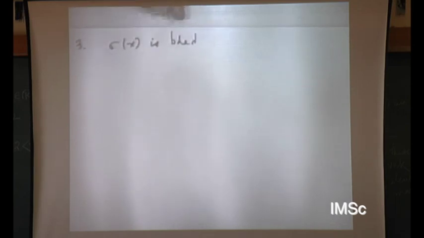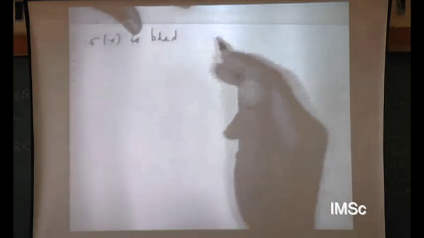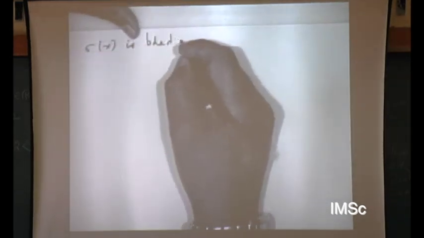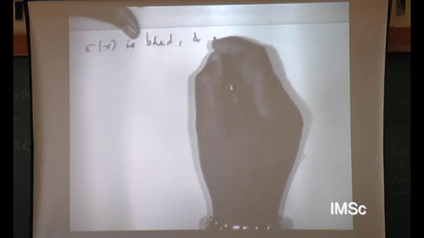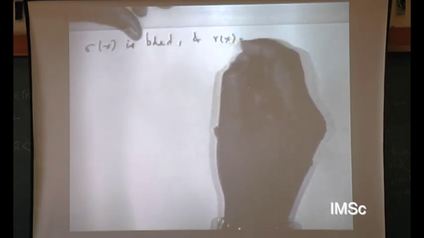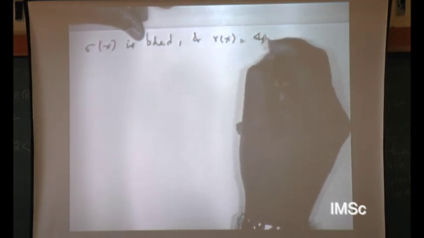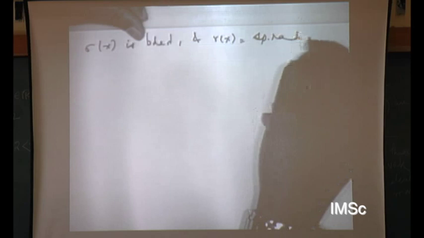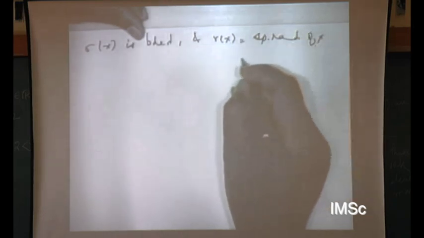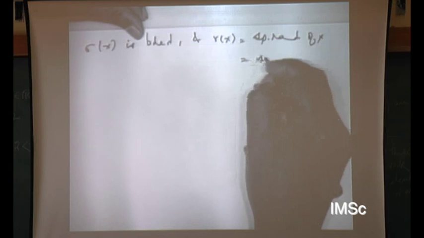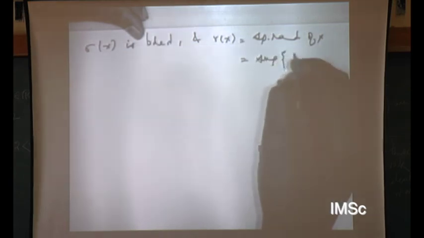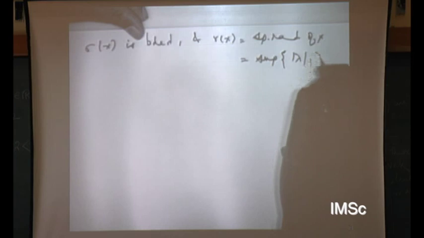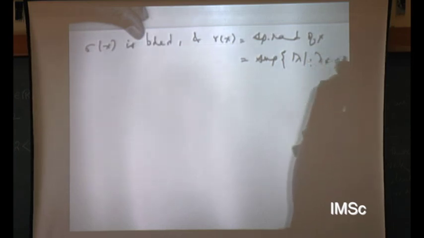In fact, that already says the spectrum is contained in the ball of radius norm x, and so if one defines, let me call R(x), this is the so-called spectral radius of x, which is the sup over mod lambda, lambda in the spectrum of x.